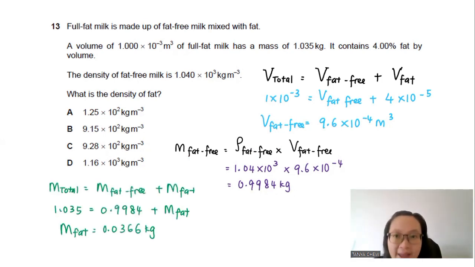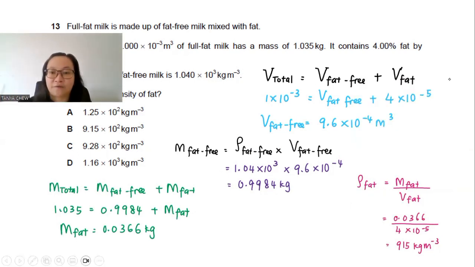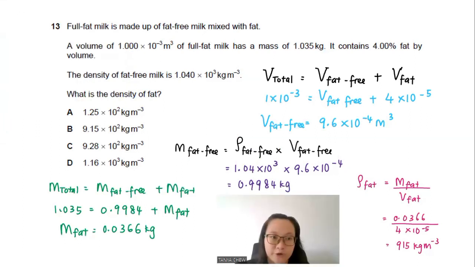And then the total mass is given, which is 1.035. So from there, I could find the mass of the fat because I need the mass of the fat to find the density of the fat. So the mass of the fat is 0.0366 kilogram. That's a lot, right? So the density of the fat in this case is the mass of the fat divided by the volume of the fat. So I got 915 kilogram per meter cube, which is also B.